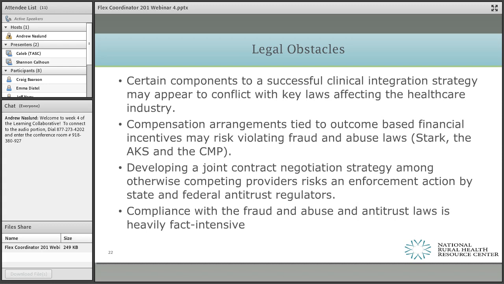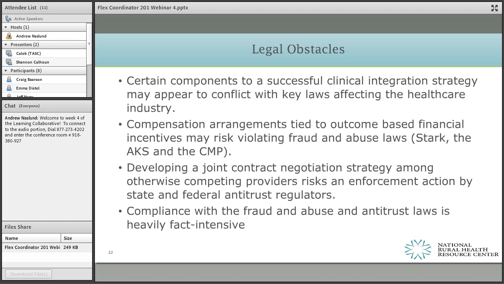The second one is building the compensation arrangements. We did see those in some alternative payment models where you wanted to be able to tie those new payment models, or not necessarily payment models, but physician and employment contracts to outcome-based financial incentives, and those also need to be within compliance of the FTC rules.